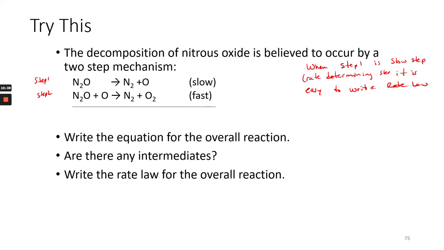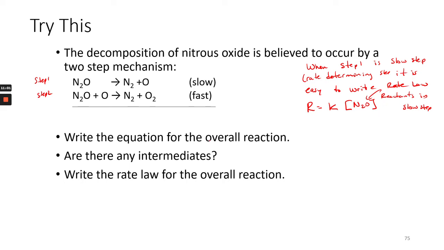The rate law is just k times the concentration of the reactants in your slow step. So your reactants in the slow step. If I had a coefficient here, that would become an exponent.